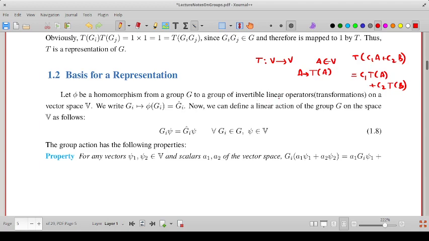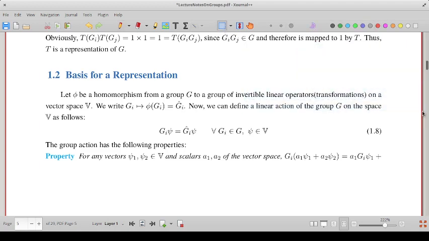An invertible linear operator or invertible linear transformation means the inverse mapping T inverse also exists. So we need to consider a homomorphism from the group G to a set of invertible linear operators.